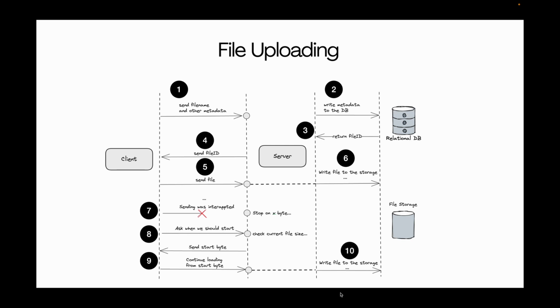Chunks can be uploaded to the file storage in parallel, resulting in better performance. If uploading is interrupted, we can resume from the last uploaded chunk. If a file has small changes affecting only one or a few chunks, we can upload only those affected chunks.